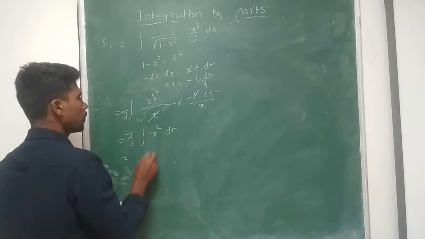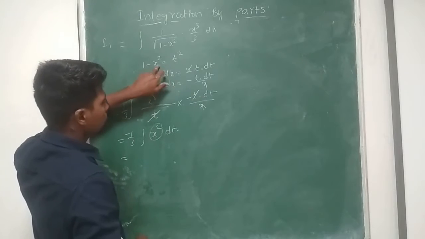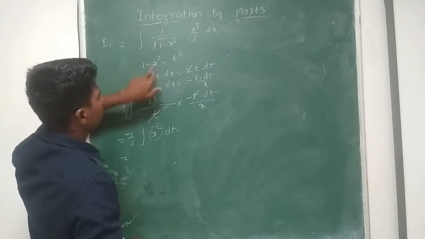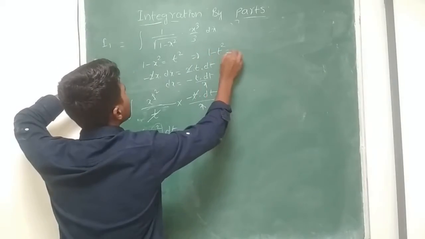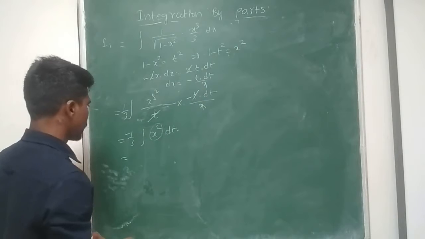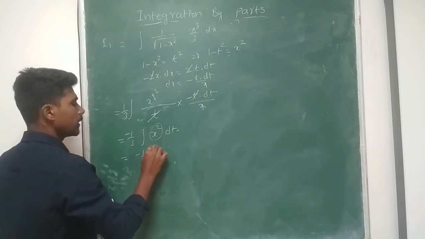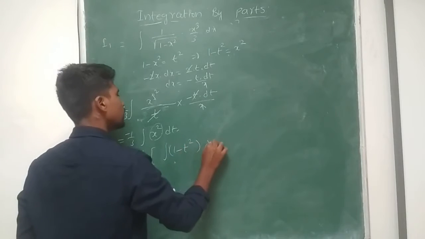So again I have a problem: I have x square, but the variable is t. So from this I have to express this x square in terms of t, which is nothing but equal to 1 minus t square. So I get minus 1 by 3 into integral 1 minus t square dt.